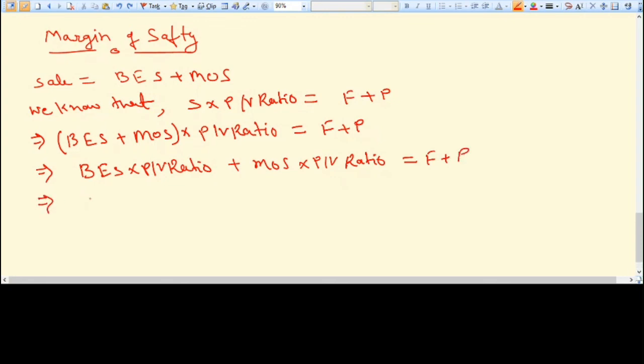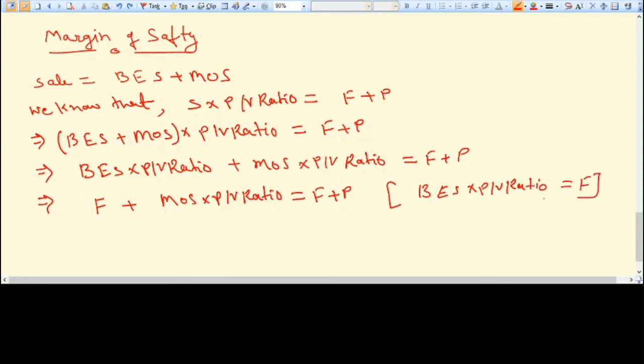Now we know that break even sale into PV ratio is equal to fixed cost. Now put this value in this equation, we get F plus margin of safety into PV ratio equal to F plus P. Now if we cancel the fixed cost from both sides, we get margin of safety into PV ratio equal to profit.